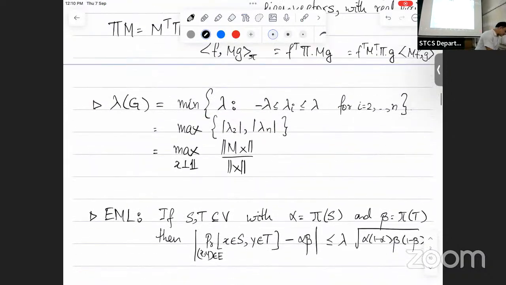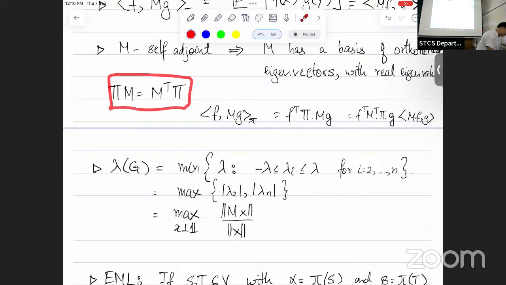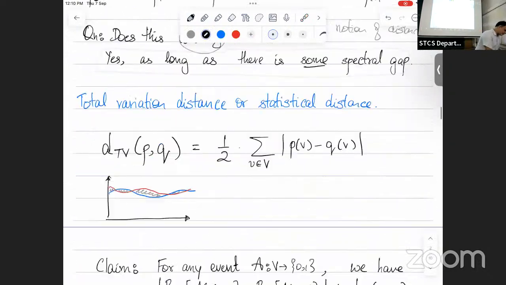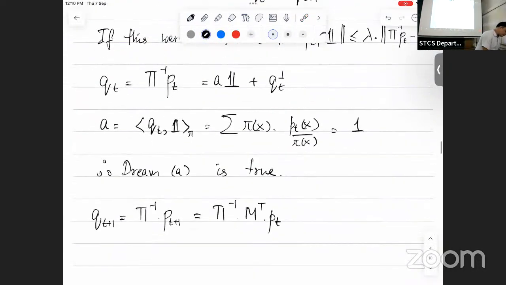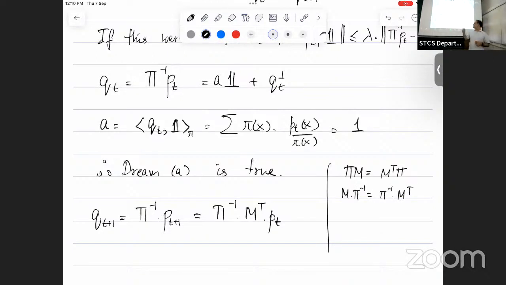What was the relation? It was that pi times M equals M transpose times pi. So if I multiply both sides of the above equation by pi inverse, what you end up getting is M times pi inverse equals pi inverse times M transpose. I basically took the equation above and multiplied by pi inverse on this side and on this side. So this is what you end up getting.